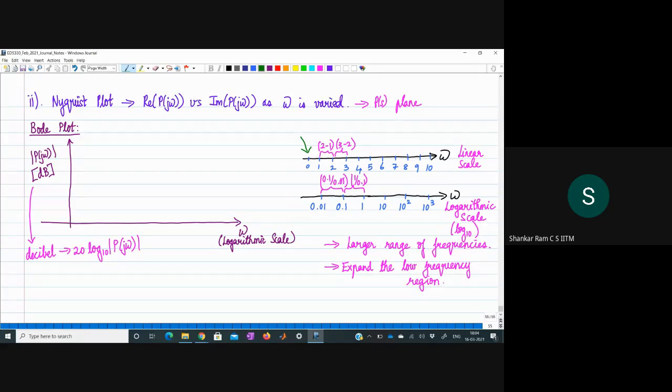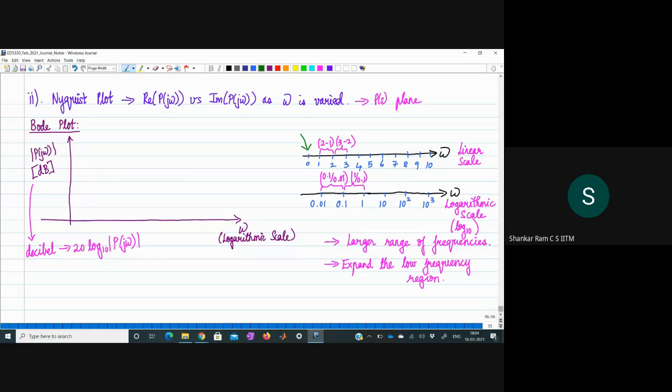On the other hand, I can easily visualize 0.01, 0.1, and so on, right, on the logarithmic scale. So I am expanding the low frequency. Okay, so these are a few reasons why we essentially use a logarithmic scale for frequency. Okay, I hope the point is clear.